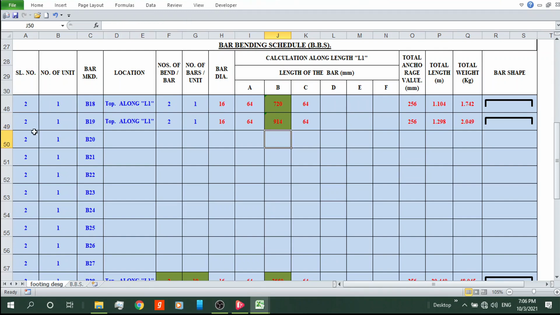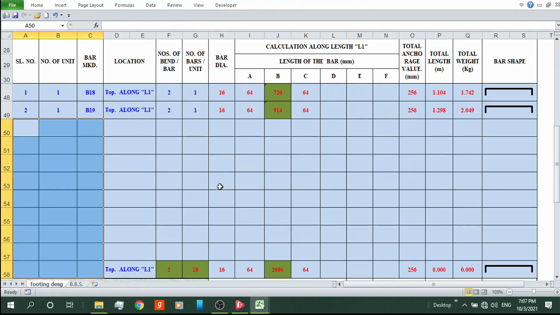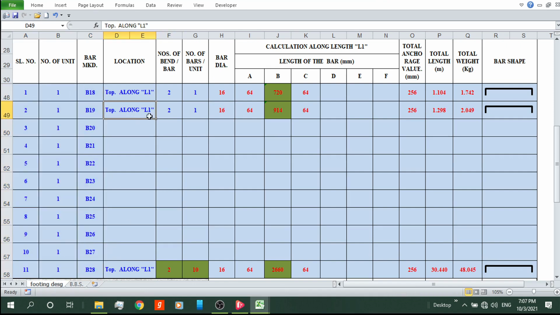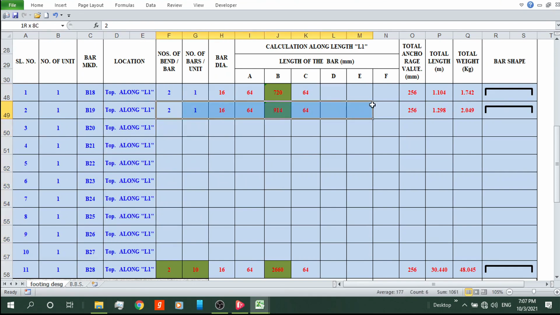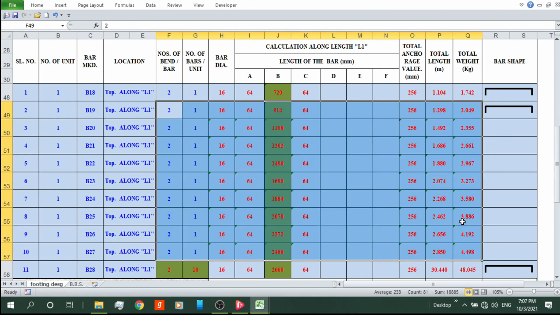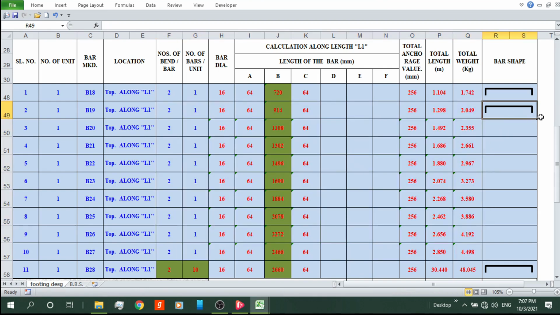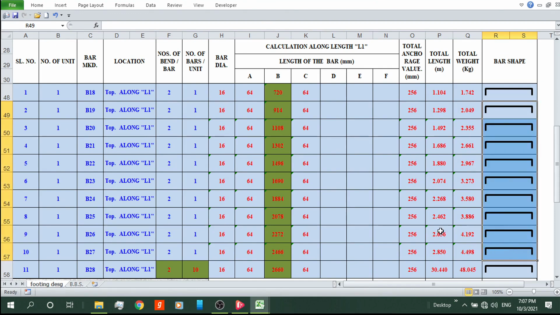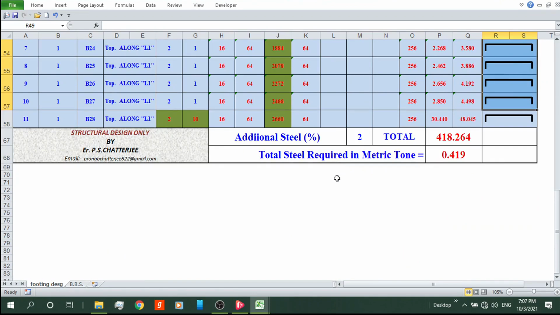Once again, we are just copying this. Bar bending schedule for top bar along L1 completed.